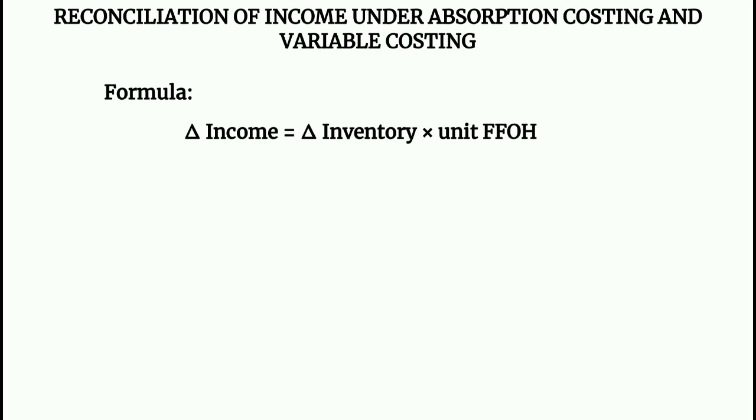The income between variable costing and absorption costing may differ because of the amount of fixed factory overhead recognized as expense during the period, caused by the difference between production and sales. That's why kailangang i-multiply yung unit fixed factory overhead.